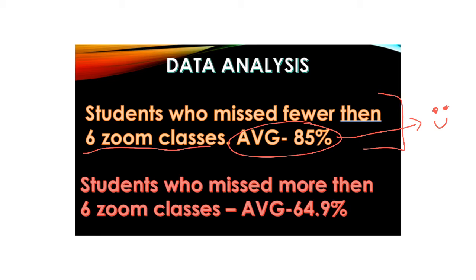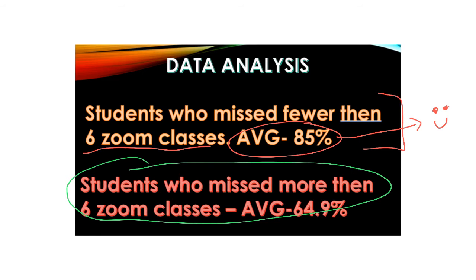But students who missed 6 or more Zoom classes had an average of 64%. So right away, what this is showing us teachers is people that come into Zoom are learning way more than people that do not come into Zoom. So if you're missing Zoom classes, you're missing learning, and you're doing way worse than everyone else.